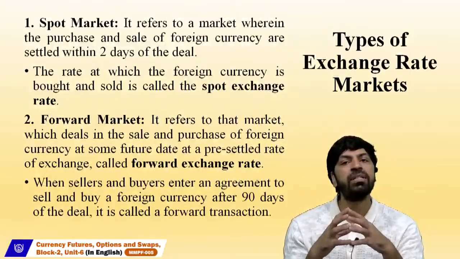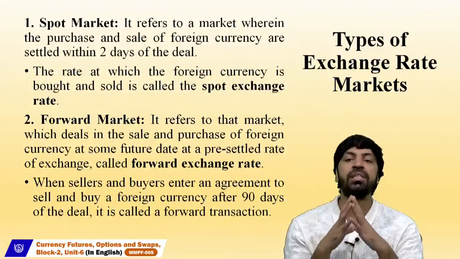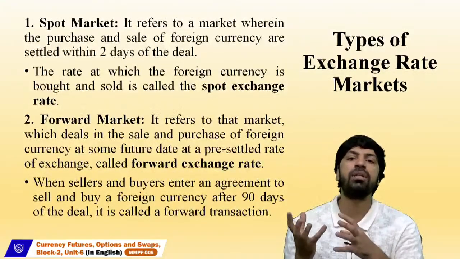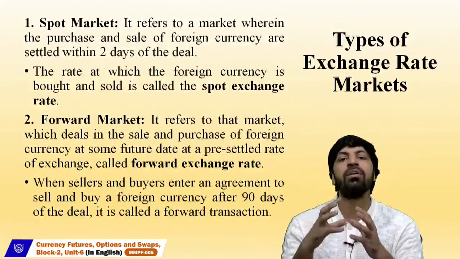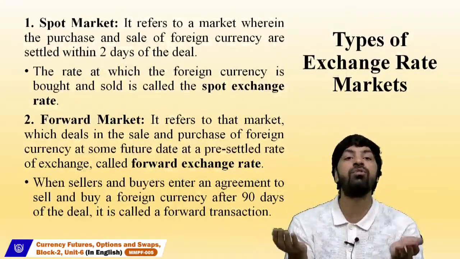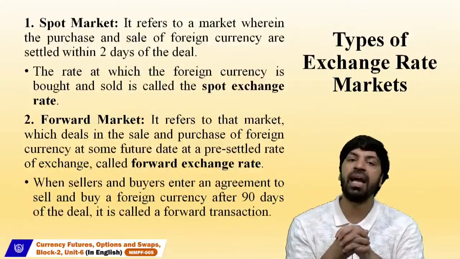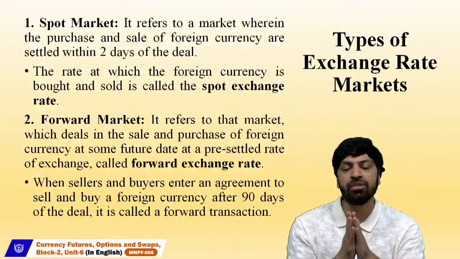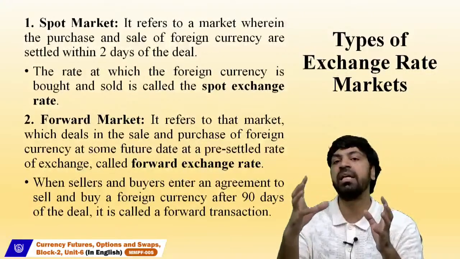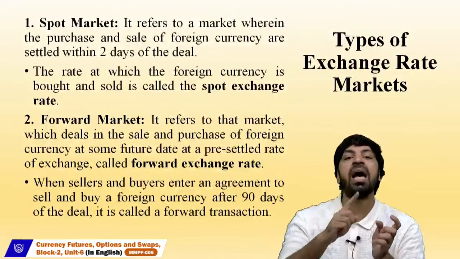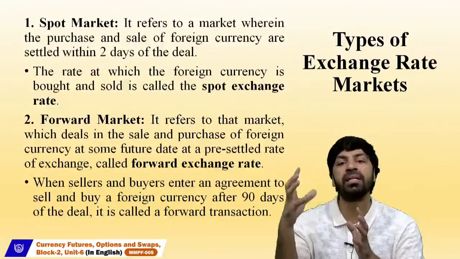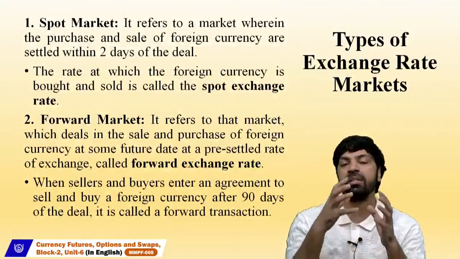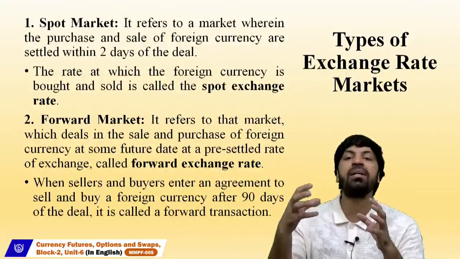It refers to the market which deals with the sale and purchase of foreign currencies at some future date or a predetermined rate. That's called a forward exchange rate. So if an international organization is dealing with the sale and purchase of foreign currency at a future date or a predetermined rate of exchange, that is called a forward market, because any transaction will be done at a future date.